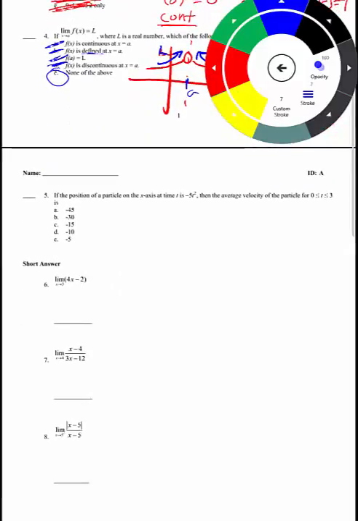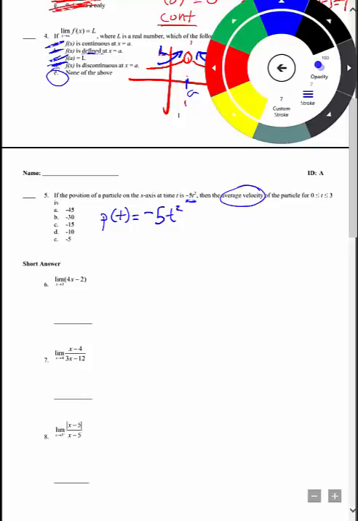Alright, next question. It says we have the position of a particle is equal to negative 5t squared. That's like our y value is negative 5t squared. And then it says the average velocity. Remember, average velocity is the average rate of change of the position. So that's f of b minus f of a divided by b minus a.